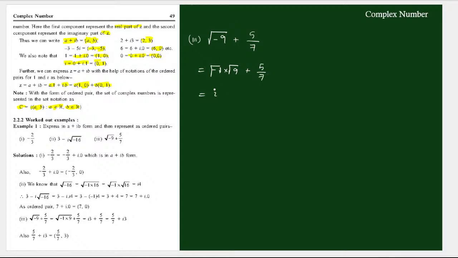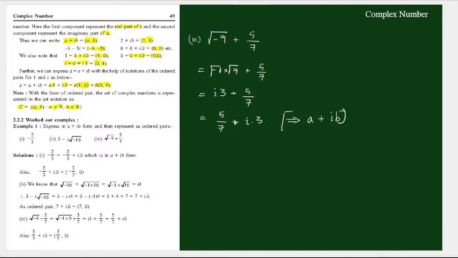Root of minus 1 is i, and root of 9 is 3, plus 5 by 7. So we can write it in complex form like this: 5 by 7 plus i into 3, which is of the form a plus ib.